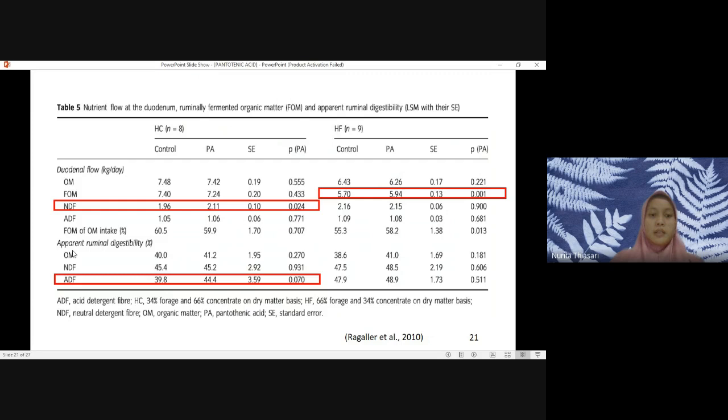And then this part is the apparent ruminal digestibility. In here, the authors mention that the significant one is the acid detergent fiber digestibility, which was increased with the addition of the pantothenic acid.